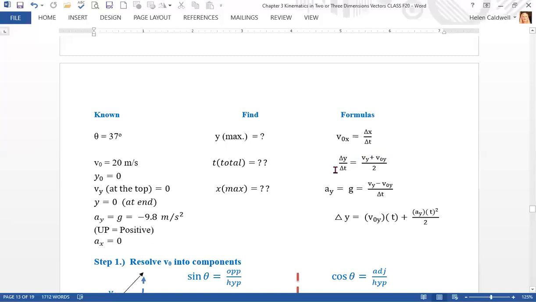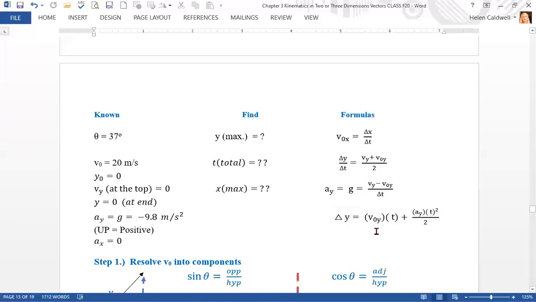We just found out the time to get to the top. So we know time to the top, delta t. We know velocity in the y direction at the top. We know v0y, and we know t. We can use this equation to find out how high do we go. We can also use the last equation to find out how high do we go.